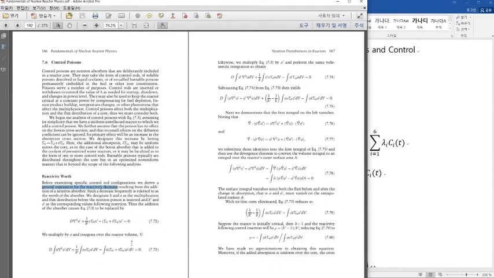I think it will not be very difficult for you to follow this step by step. So first, the basic assumptions. Initially, the reactor was in a steady state condition.